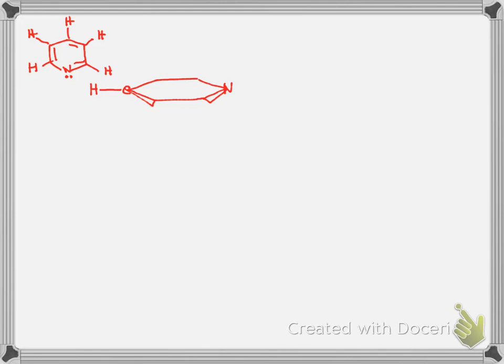Where's the p orbital? They're perpendicular to the plane. Okay? The unhybridized p orbital then sticks up like this. And I could shade if I really wanted to, like that.